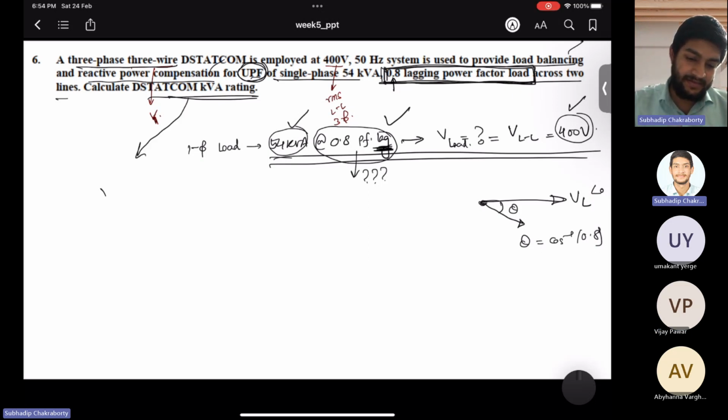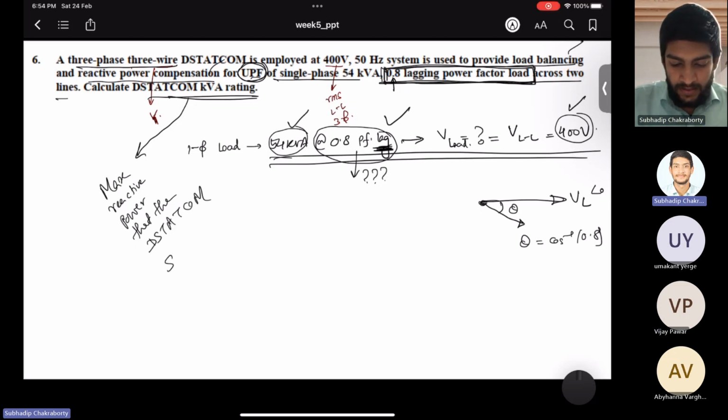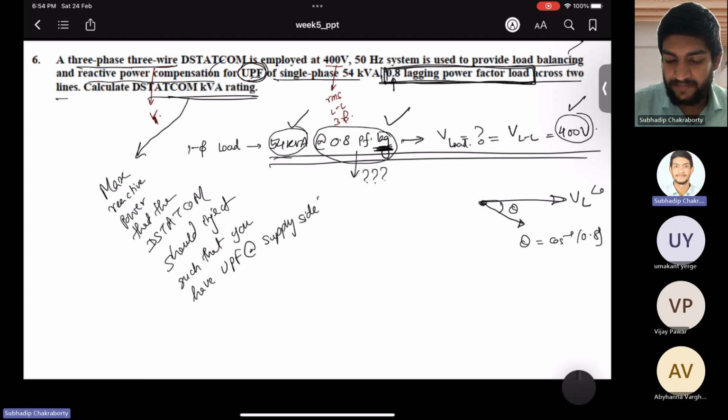What is the maximum reactive power that the DSTATCOM should inject such that you have unity power factor at the supply side? So what should it be? What do you need to calculate? Just think and answer.